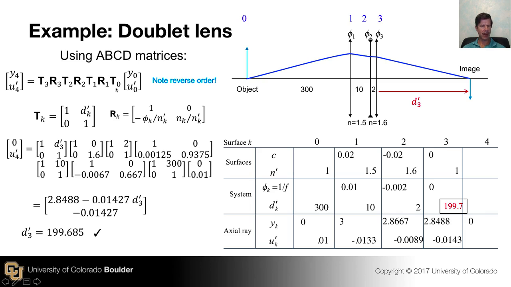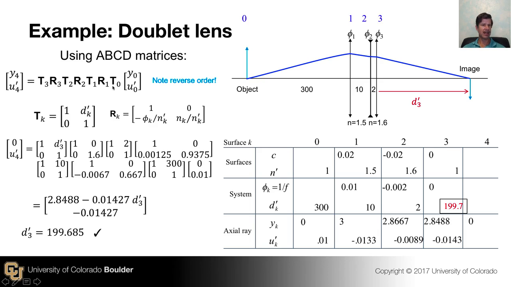Then I will transfer to the first surface, refract across that surface, transfer to the second surface, etc., refract through the third or plano surface, and finally transfer to the image plane, where I'll discover what the ray height and what the ray angle are at the image plane.